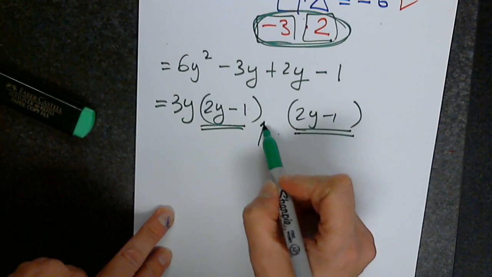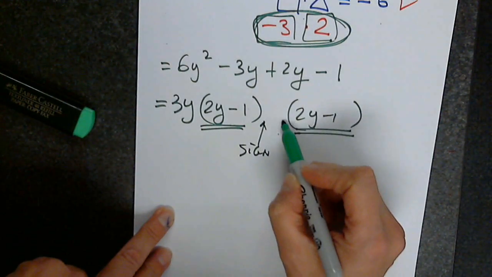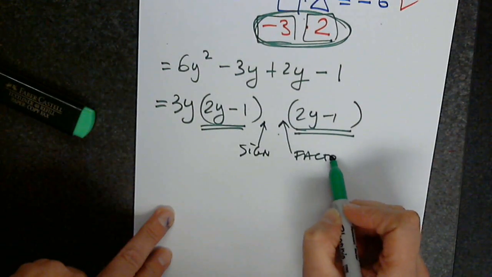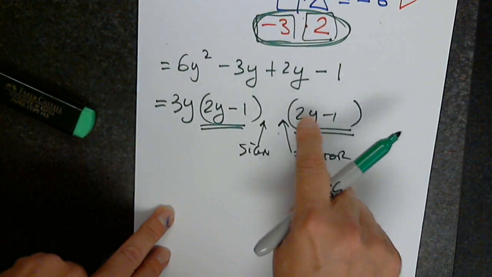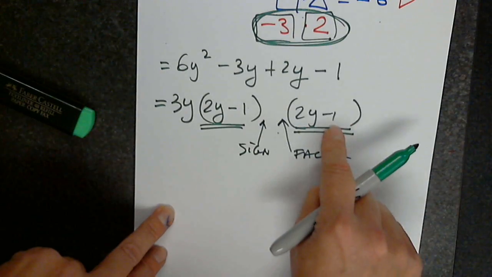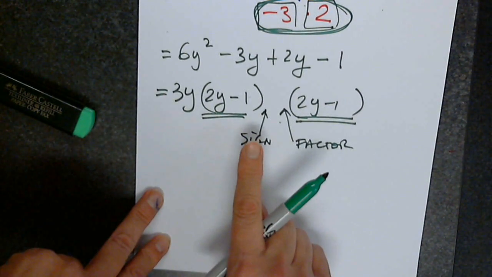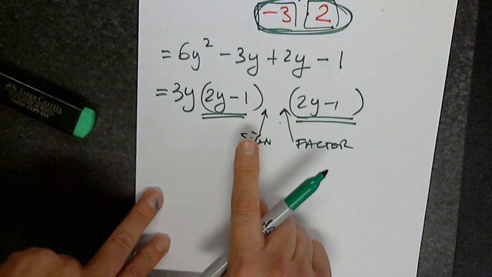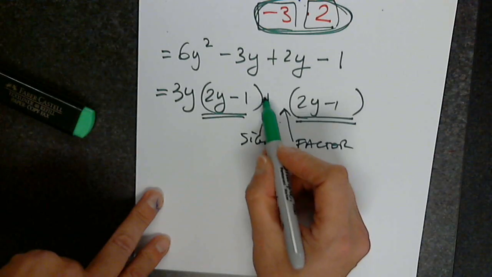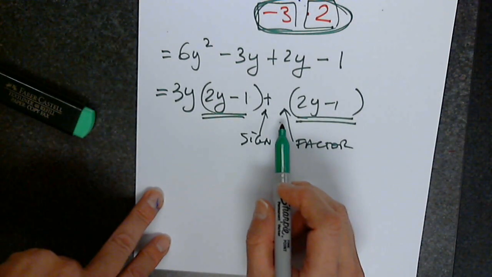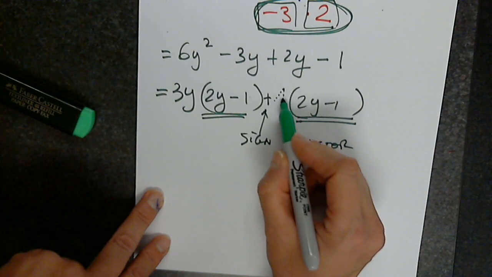I need here a sign, and I need here a factor. What times 2y is 2y? What times -1 is -1? Sign. Good. And the factor? 1. If you said 1, I think you said 1.